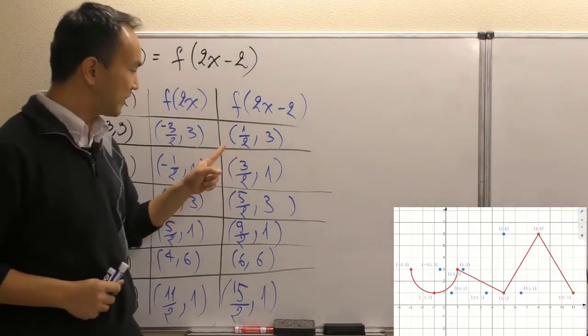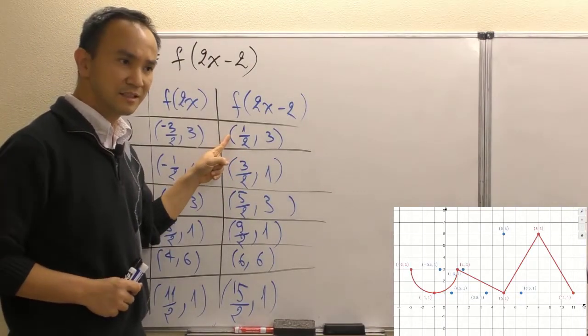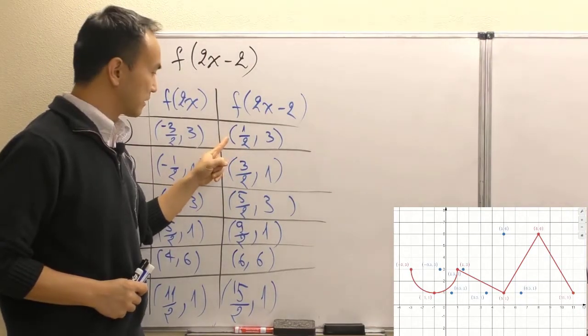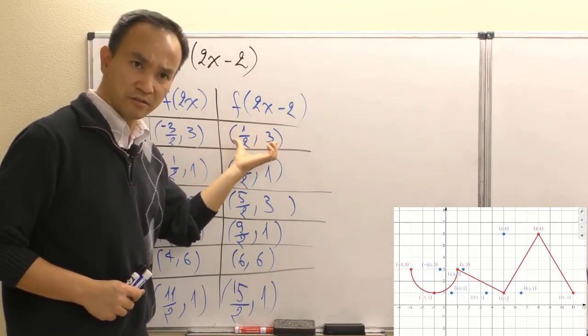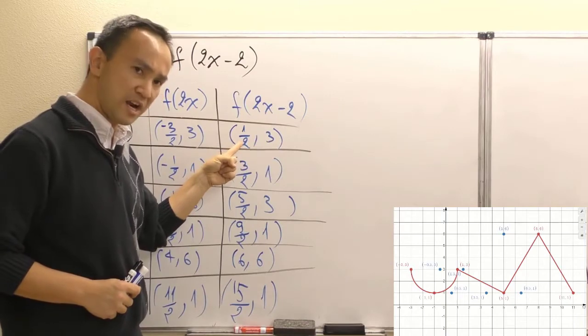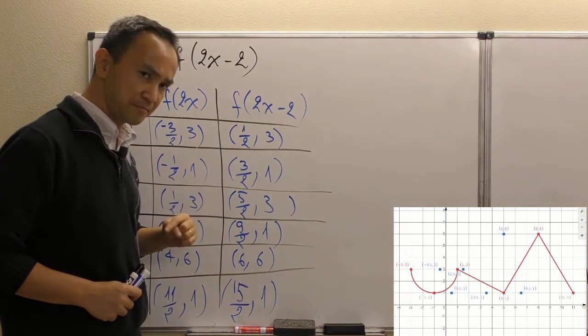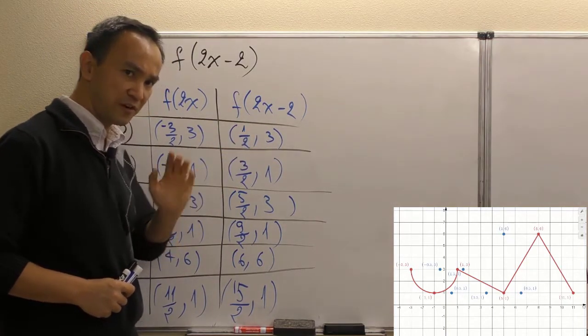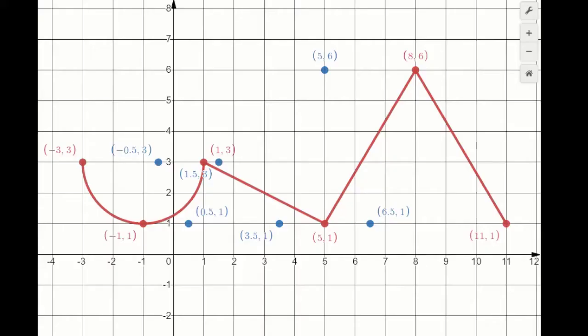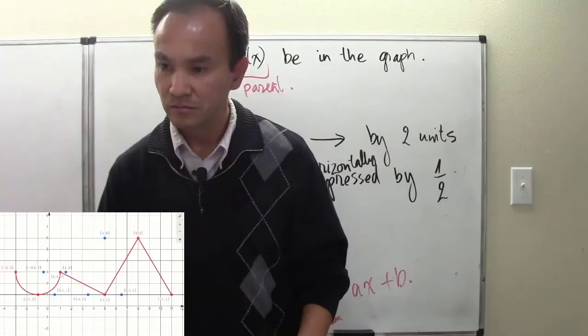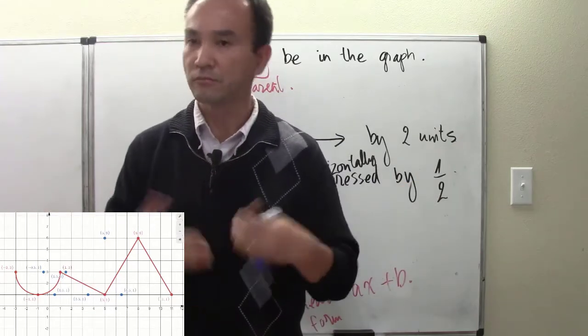Okay, the first point, based on our calculation, should land at 1/2, 3. Look at what's going on with the first transformed point. It happens right at negative 1/2, 3. Wait a minute.